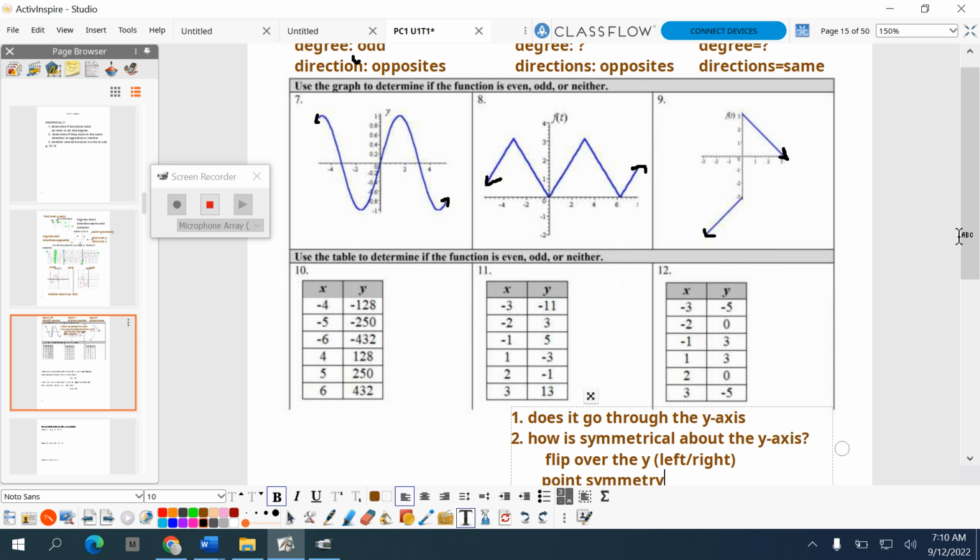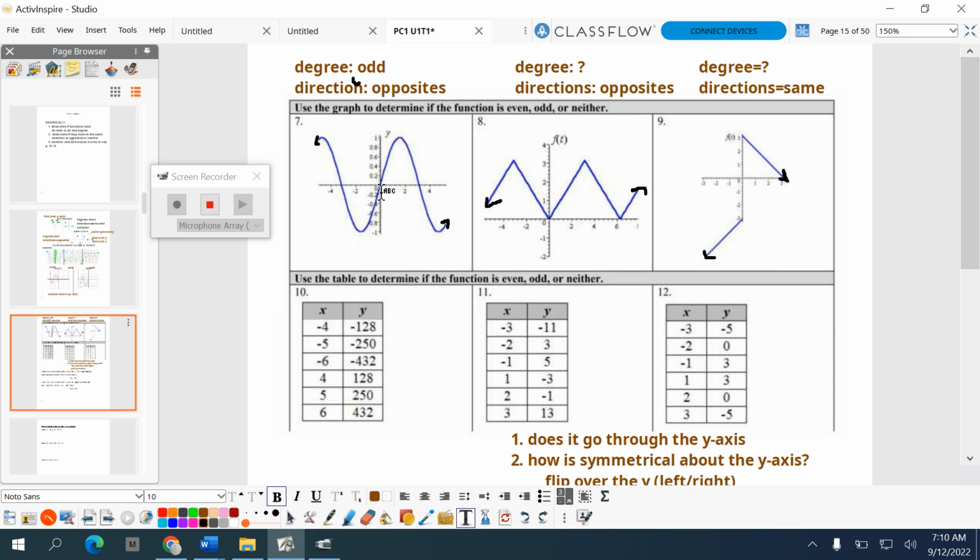All right. And if I look here, I can flip this over. I don't get the point symmetry, but I don't get the folding over on itself. If I fold this over, this point is not going to be on top of that point. So this function here is odd. It's odd. We call it odd overall.